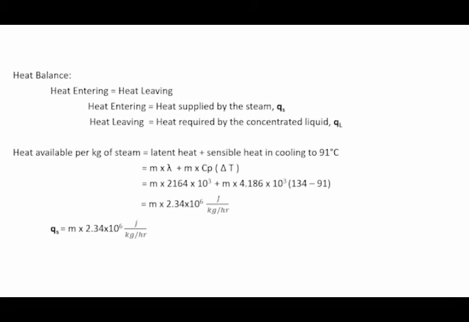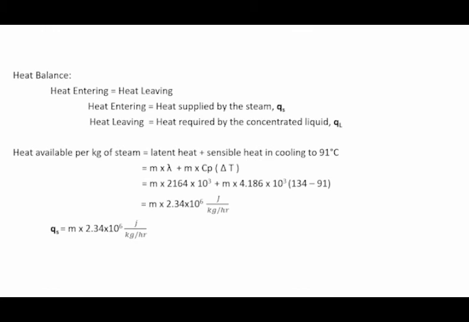So the formula for heat available per kilogram steam is equal to the latent heat of the steam plus sensible heat in cooling to 91 degrees Celsius, since our steam enters at a higher temperature of 134 degrees Celsius and cools upon entering the evaporator at 91 degrees Celsius.